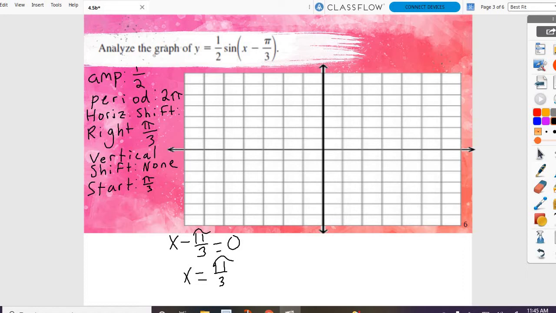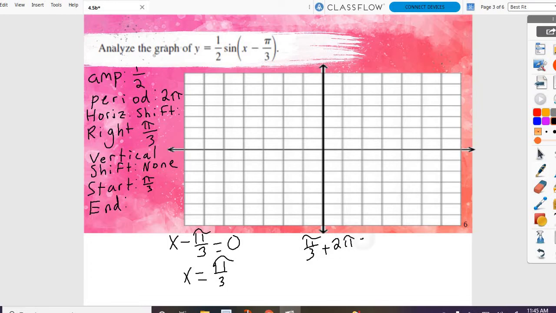So how do I figure out where my ending is? Yeah. So wherever we're starting, for us pi over 3, we're going to add the period, which in this case is 2 pi. So we're going to take pi over 3 and add 2 pi.